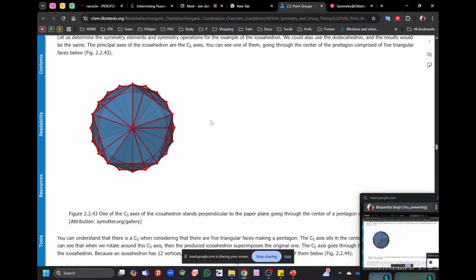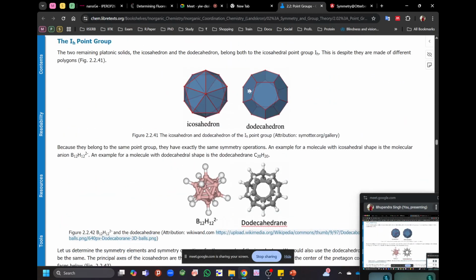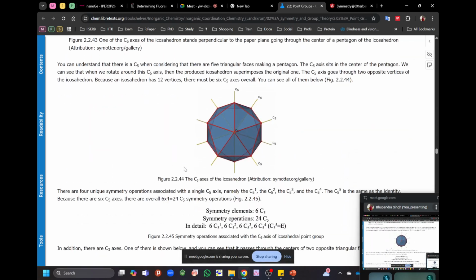See how this looks. This is your C5 axis here, in the middle. One, two, three. This is the pentagon, right? Here also 1, 2, 3, 4, 5, a pentagon. So C5 is present.